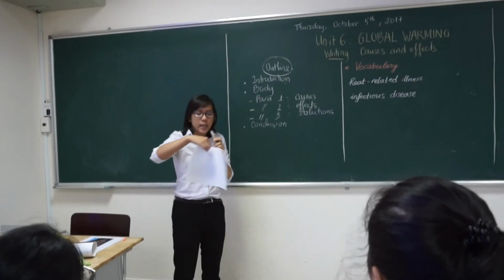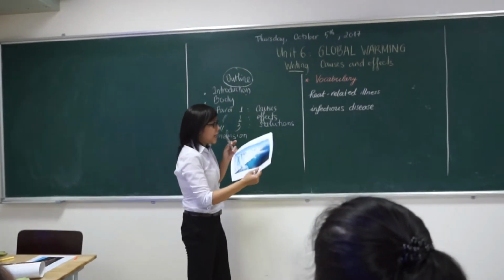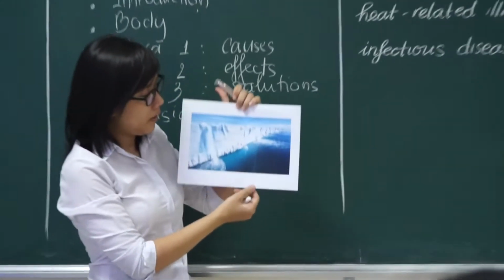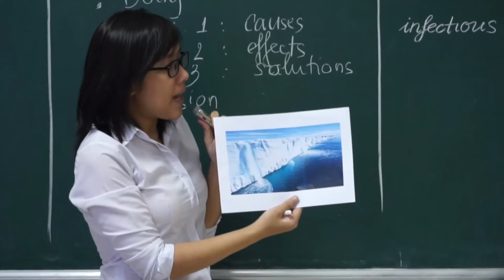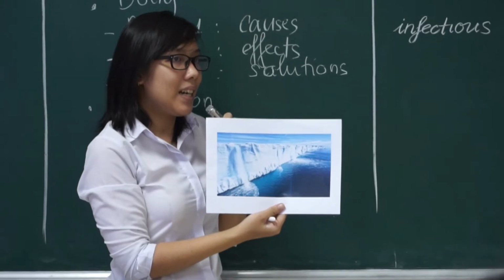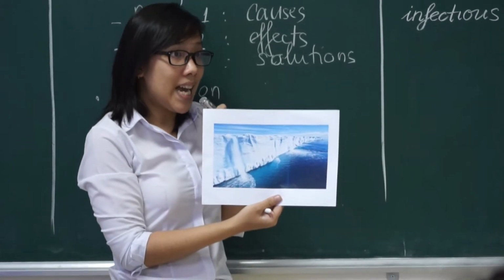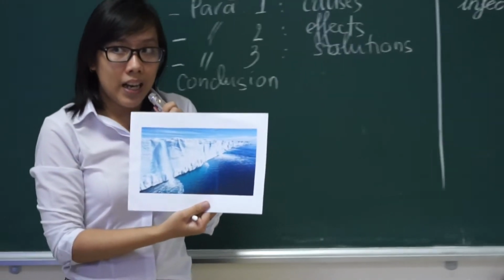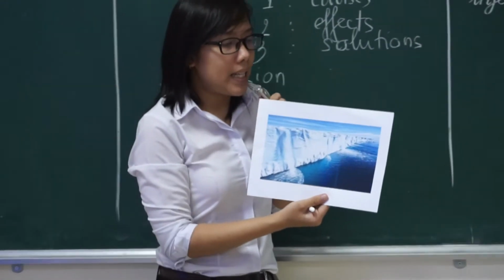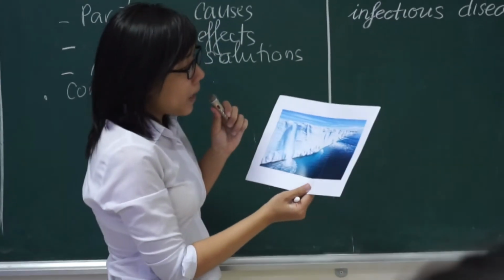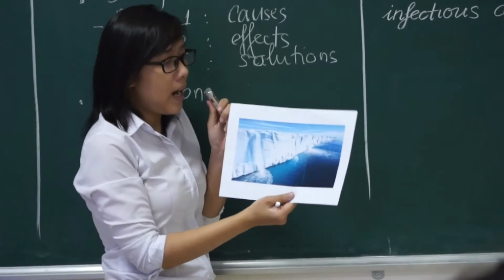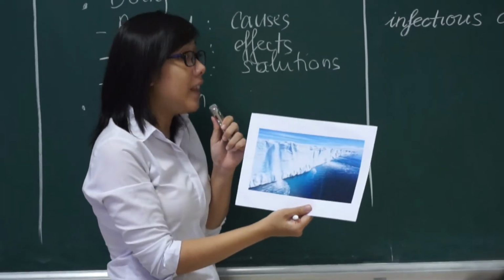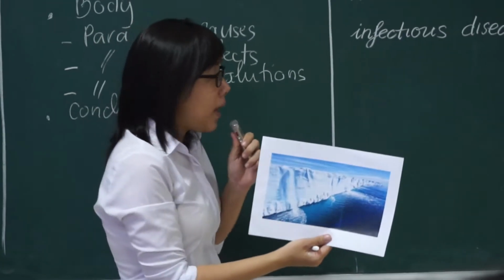Okay, the next word. First, I would like you to take a look at this picture. Can you guess what it is? Ice? Yeah, it is ice. But it also covers an area of land. It is thick as well.